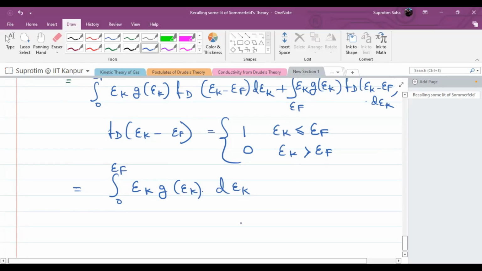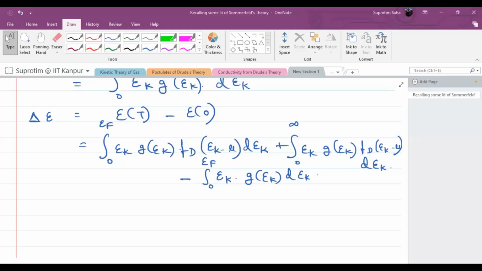All right. So now let's get back to what we wrote earlier, delta of E is equal to E of T minus E of 0. So we wrote this form where the difference in energy is given by Et minus E0.